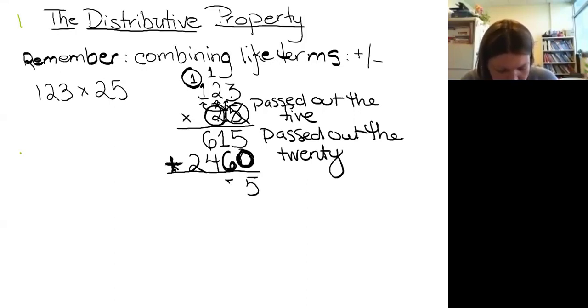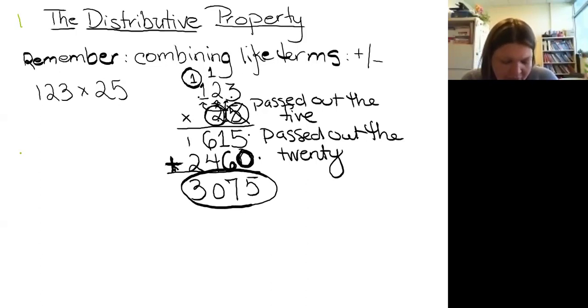We said, if I take what I got from multiplying 123 by 5 and add it with what I got from multiplying 123 by 20, then I will have all of 123 times 25. And so what I'd like to point out to you is since the beginning, since we've been multiplying, we've always realized that when we multiply two numbers together, we pass out multiplication.